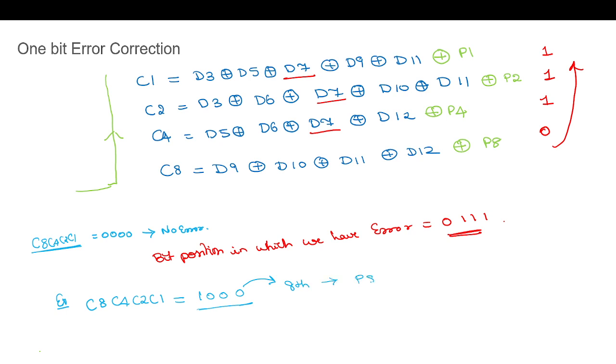So that means P8 is having error. So in this way, we will correct the 1 bit error. Any doubts?